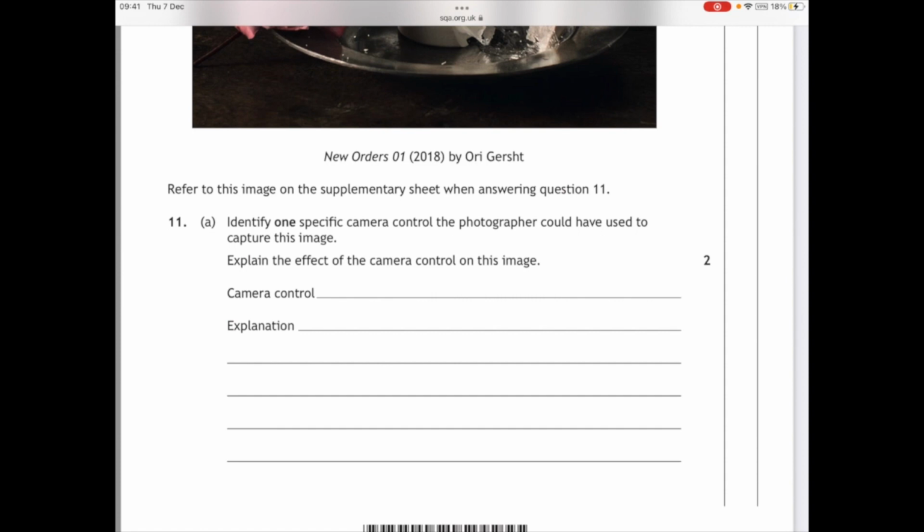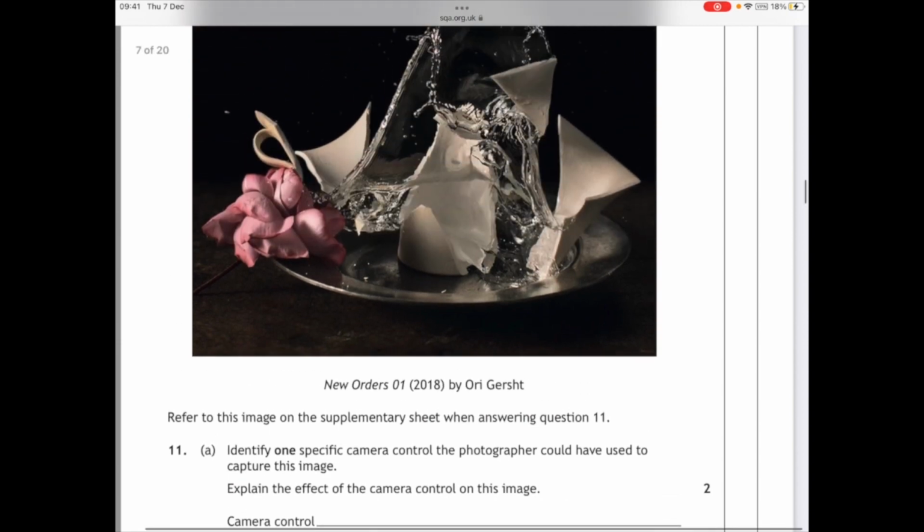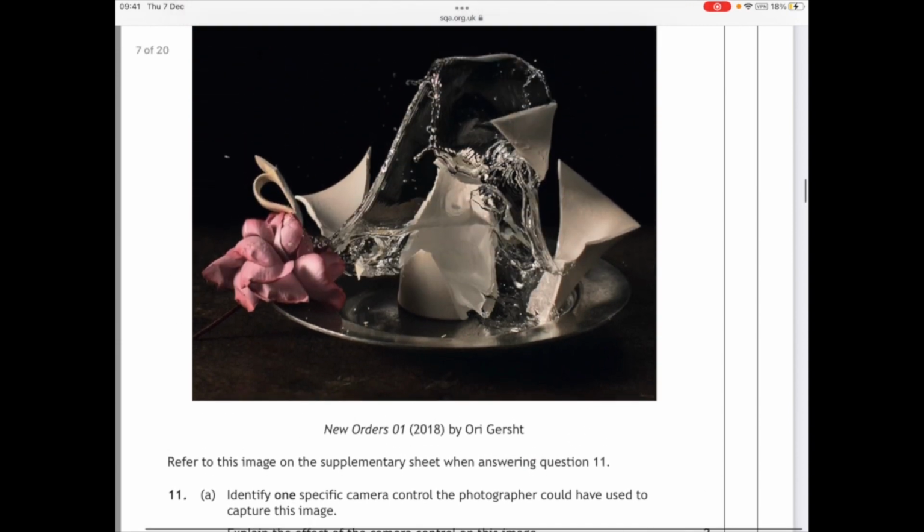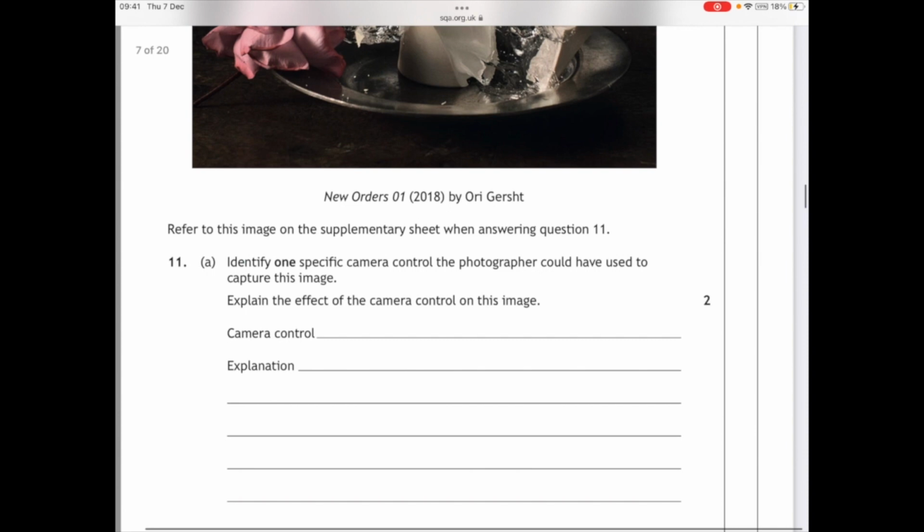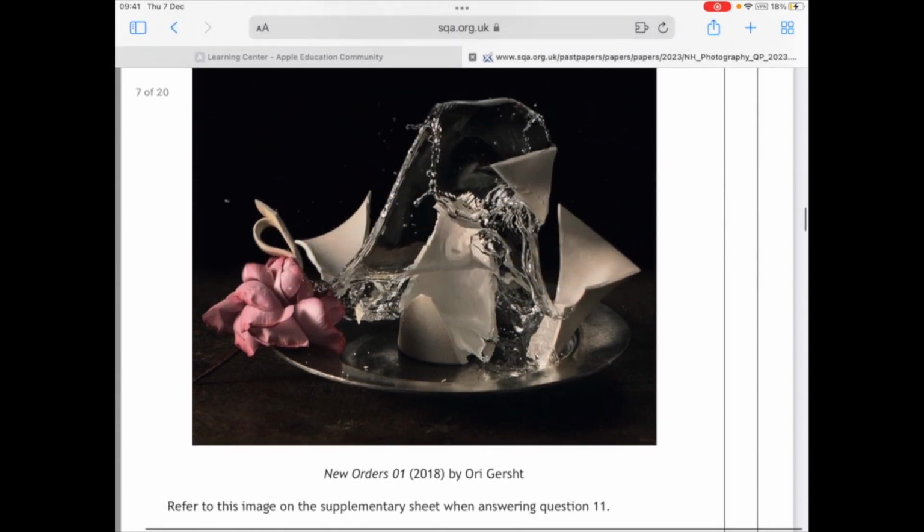Okay, and then you're given a mark, and this is really important that you get this, explain the effect of the camera control on the image. So it's the effect on the picture itself. It's not just what camera control was used, and you must refer to the photograph. Now it's a 2 mark question, 1 mark for what camera control, 1 mark for how it is affecting the picture.